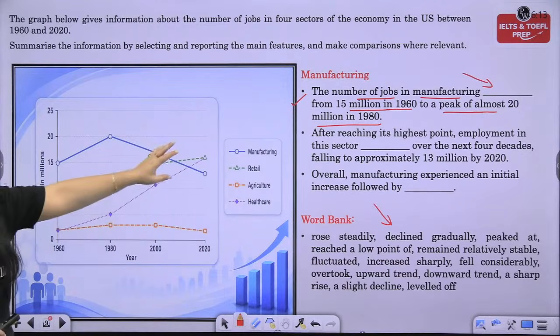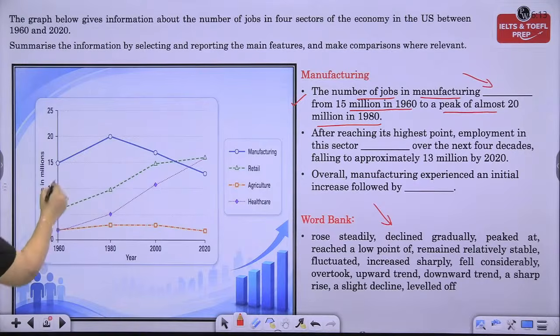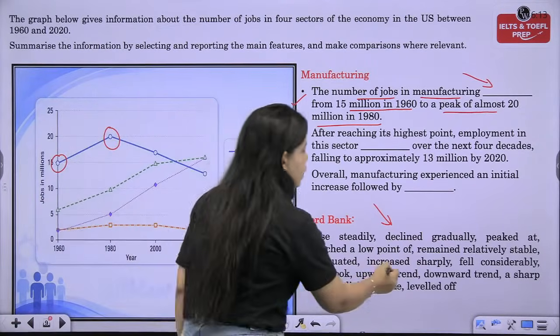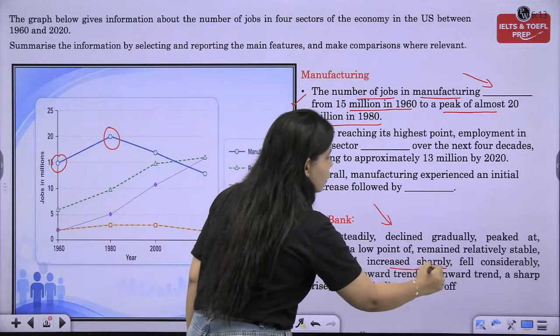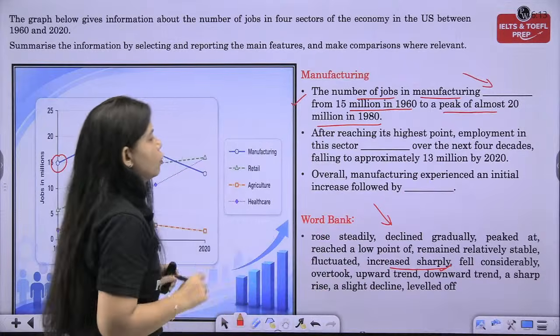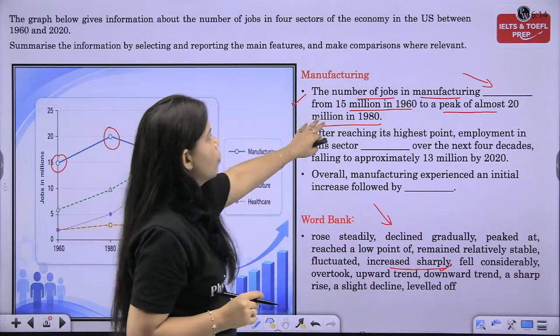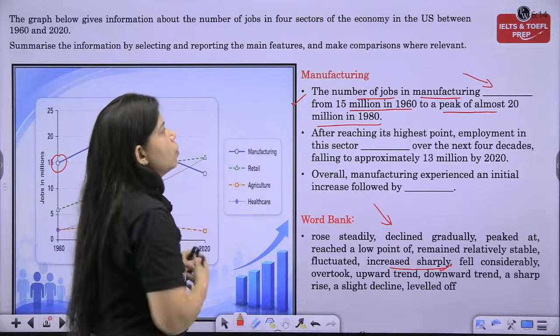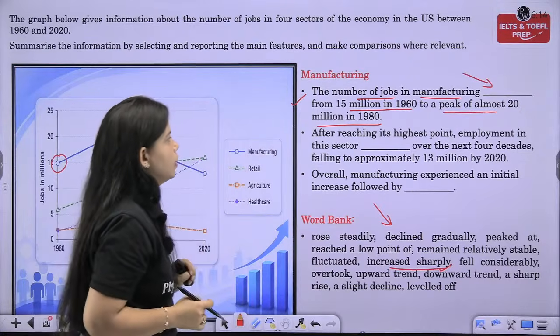The number of jobs in manufacturing dash from 15 million in 1960 to a peak of almost 20 million in 1980. What's happening here? Increased sharply. This is the right collocation that we are taking here. The number of jobs in manufacturing increased sharply from 15 million in 1960 to a peak of almost 20 million in 1980.